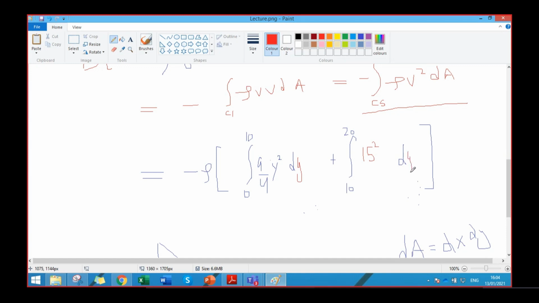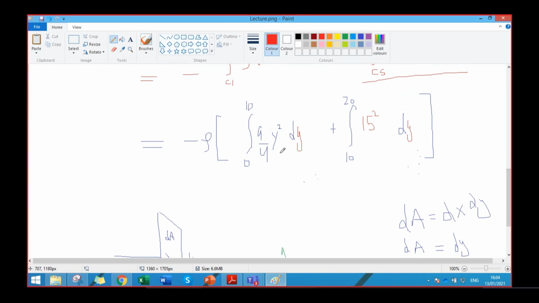So now can you solve this integral? Yes, sir. Density is given to you, limits of the integrals are defined, you just need to integrate. This would be y cubed by 3, and then you will apply the limits from 0 to 10, and this would be 225 into y, applying limit from 10 to 20. So you just solve these integrals and you will get the answer.